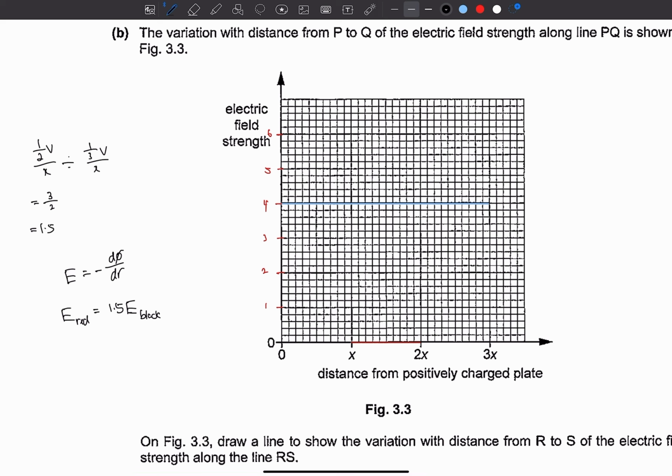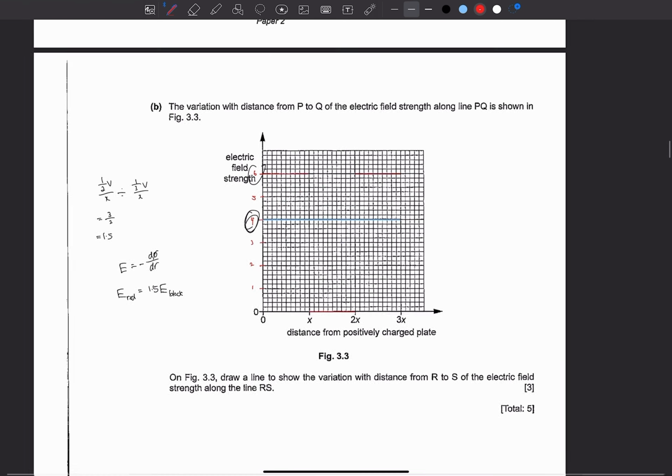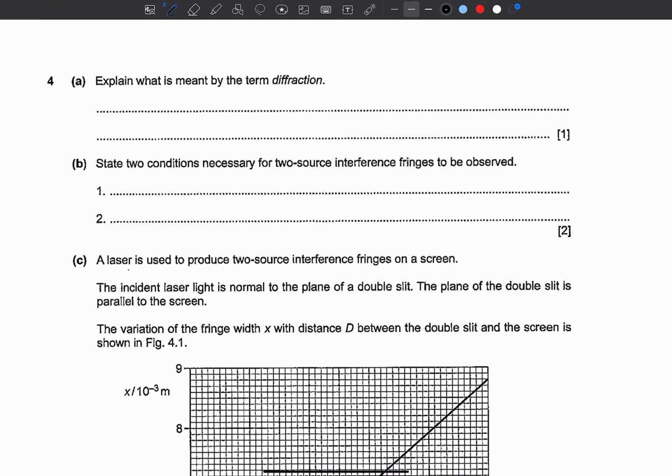So 1.5 times 4 would be 6. So it would just be like this. And like this. That's it. Alright, moving on to the next question.